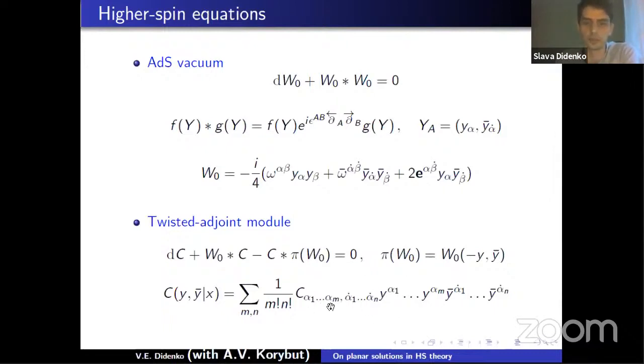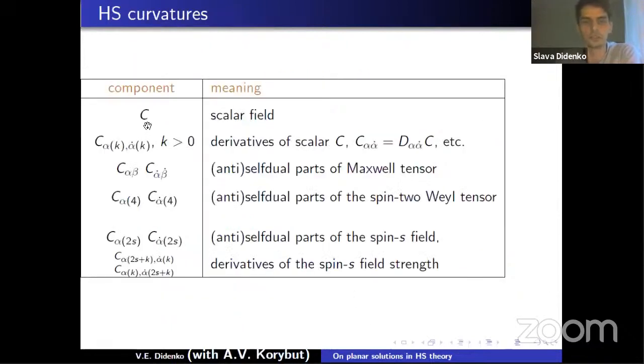And the meaning of those components, for those who are not familiar, are as follows. So the one which does not depend on Y's at all is just a scalar field. So those that have the same number of indices, dotted and undotted, describe derivatives of the scalar field. And then there go the field strength parts of the Maxwell tensor, like this Weyl tensor, and the higher spin extension. And any mixed components describe derivatives of the spin S field strength.